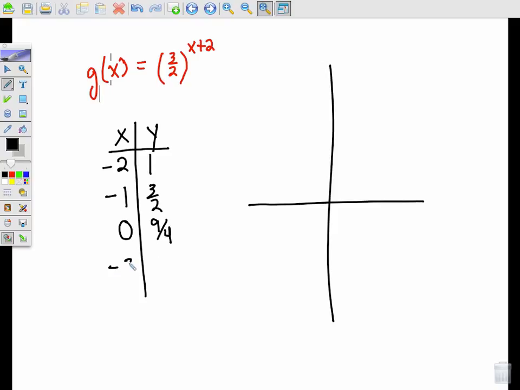It looks like I'm starting to get larger in this direction. Let's see what happens when I go to -3. 3/2 to the -3 plus 2, which would be 3/2 to the -1st, which would equal 2/3. Now it's starting to get smaller, 2/3. This will give us enough points that we can graph and see what's going to happen.